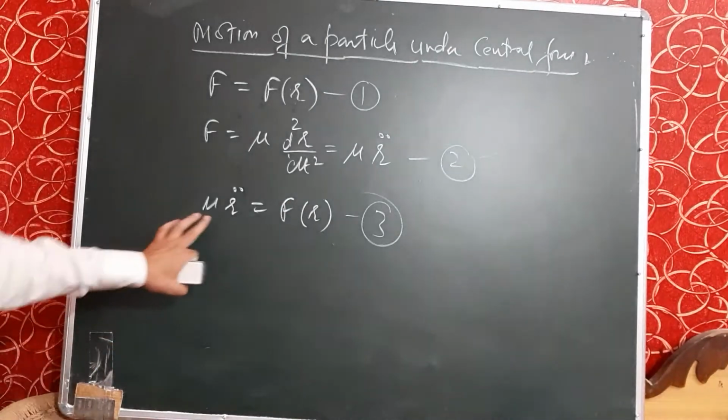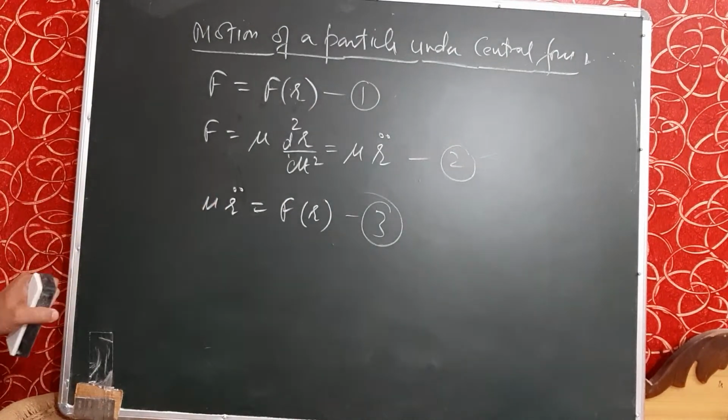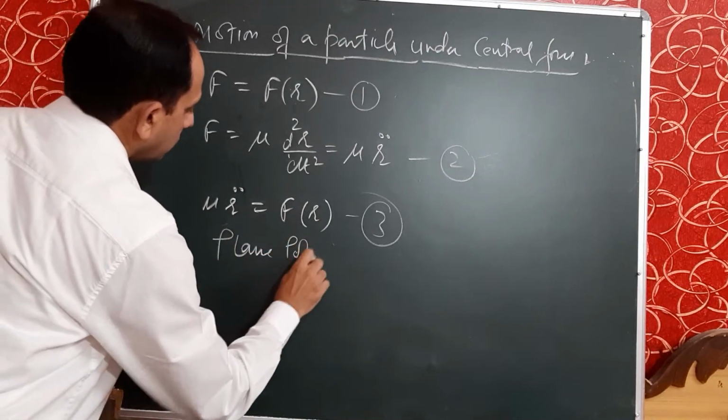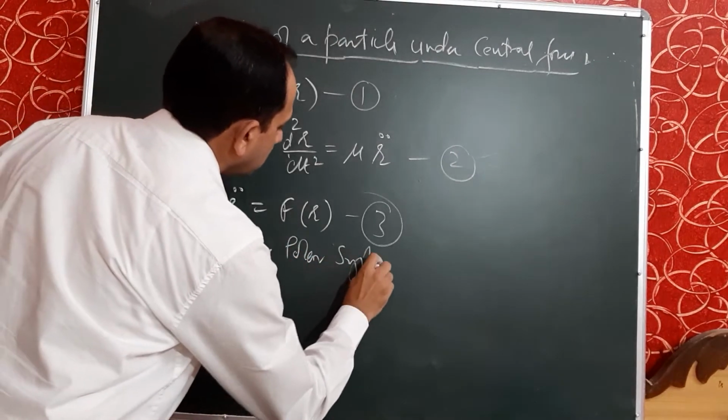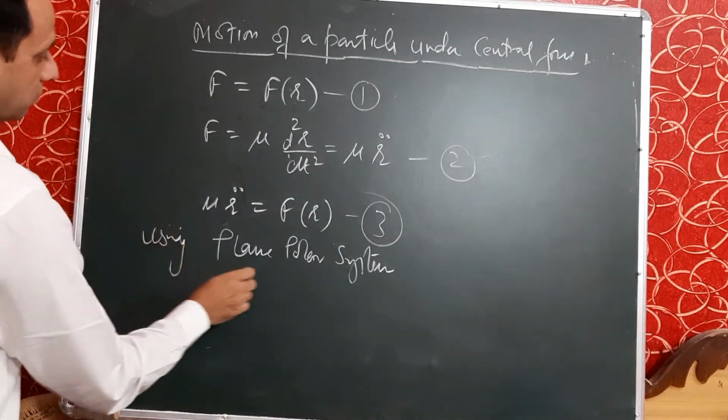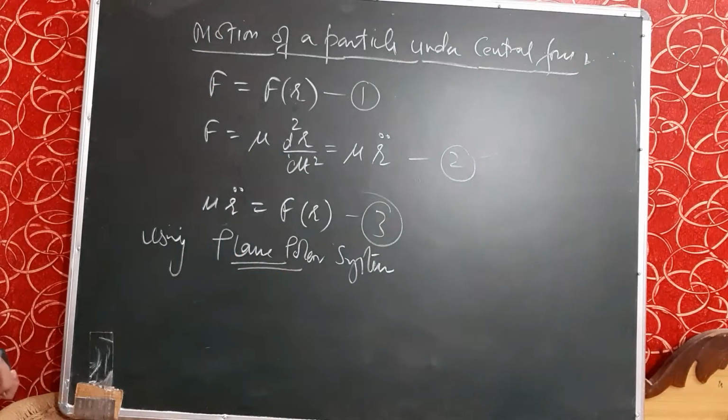So we will describe or solve this equation number 3 in detail by using the plane polar system. We will use this plane polar system. Why plane polar? Because the motion of the particle under central force is always confined in a plane or two-dimensional.